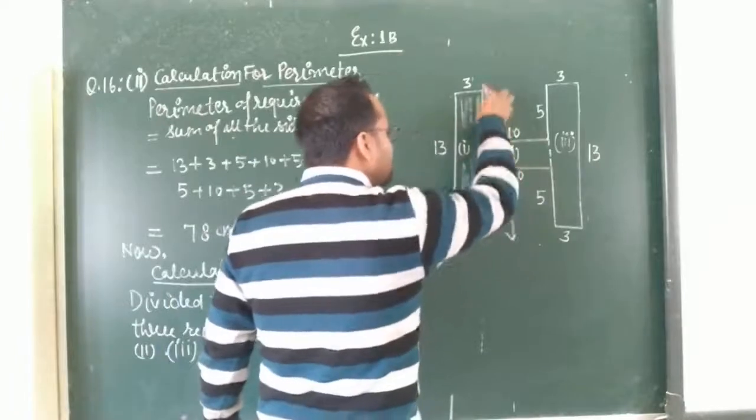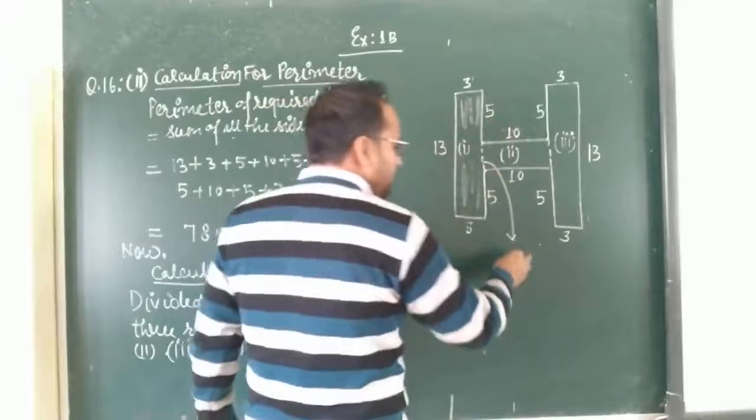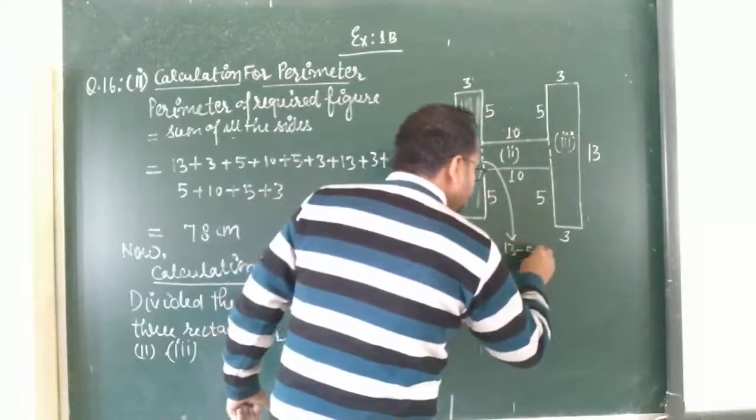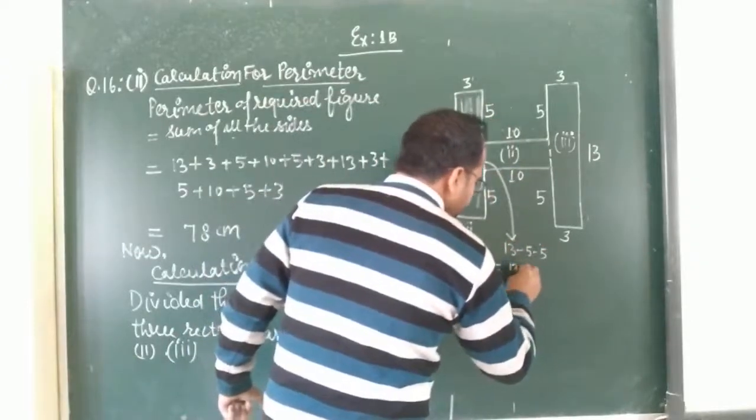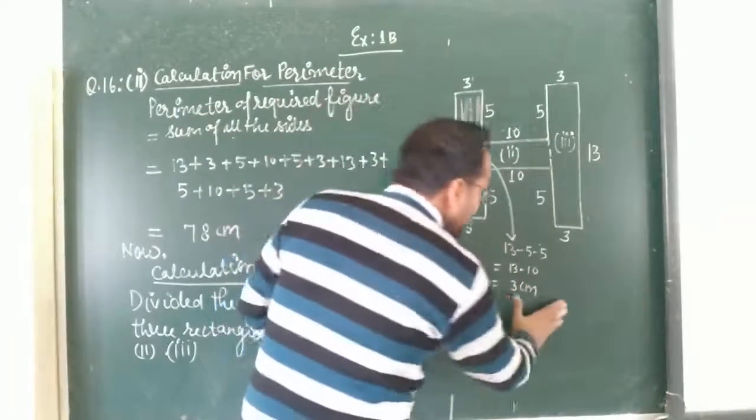The total is 30, this one is 5 and this one is 5. So 13 minus 10, you will get 3 centimeters.